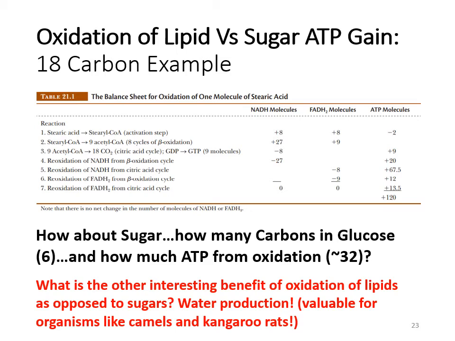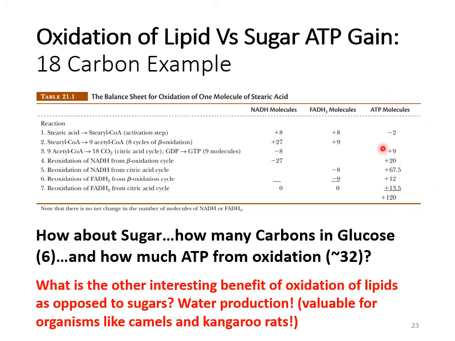So now, comparing on this slide, you see an example in this table of the balance sheet, meaning the breakdown of the intermediate molecules that help with getting us more ATP, and then the ATP yield in the final column.